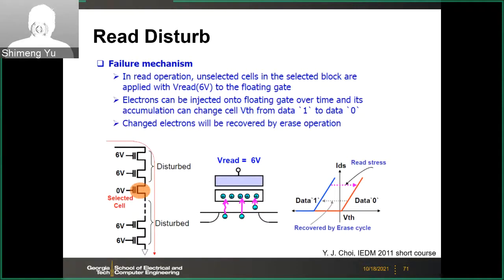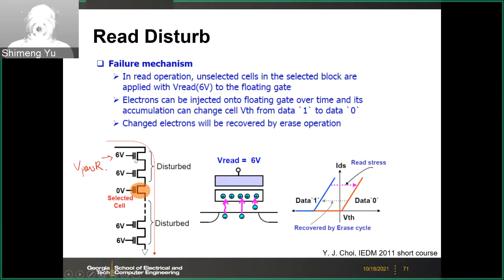And similarly, we may have the read disturb. In the read bias scheme, as we discussed, we have to apply this V pass read to turn on all the unselected word lines. And then for the selected cell, in this case, we apply 0 volts.